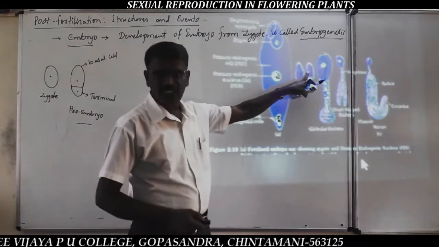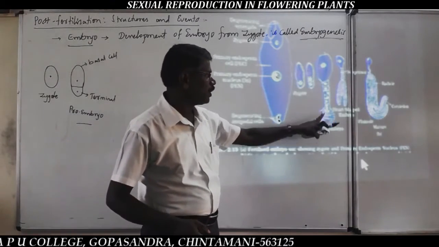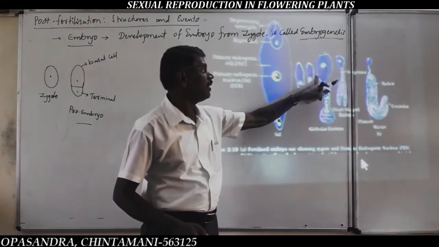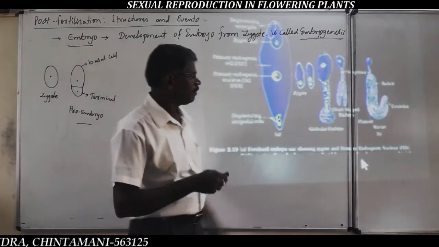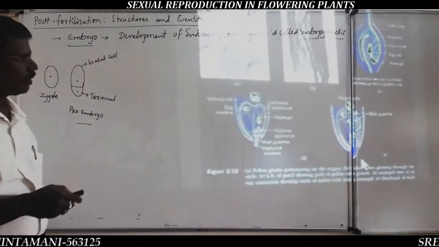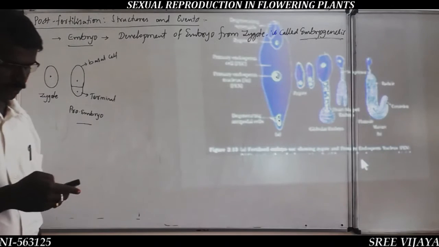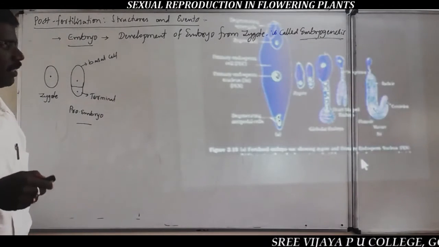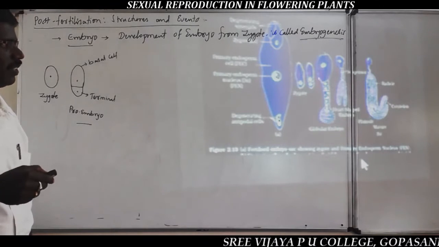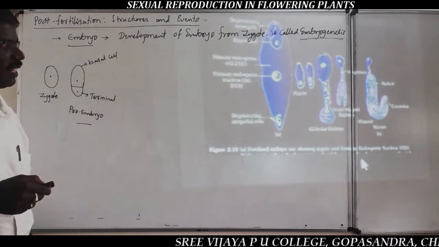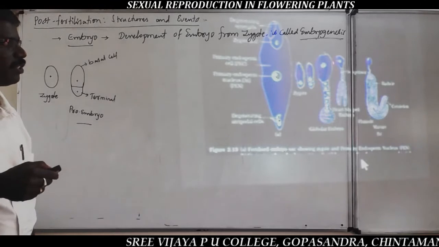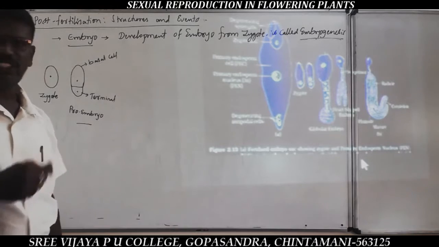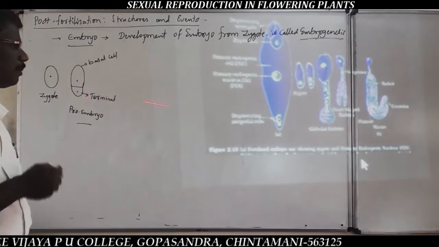The large basal cell leads to formation of a 6 to 8 celled suspensor, and the terminal cell.